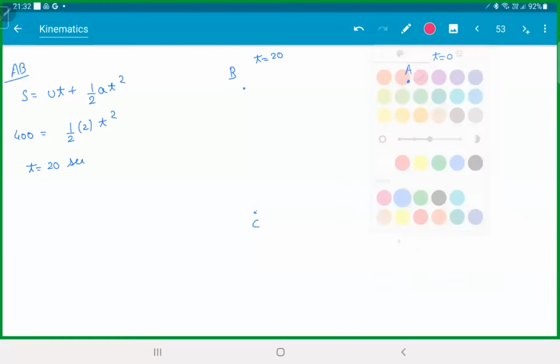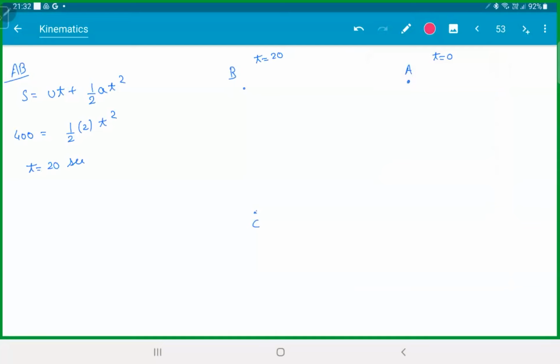Now, the first time when we'll hear the sound, tell me one thing. The sound when it is released at T0, will the observer immediately hear? It will take some time, right? The sound will take time to reach C. So the first time he hears, at T0 the sound is released.